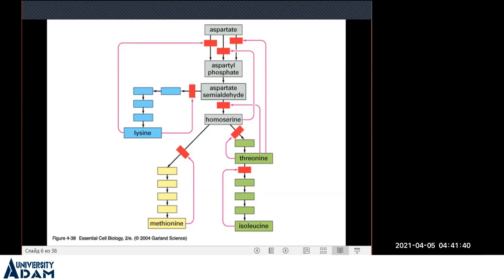This product, like lysine, will regulate the process with negative feedback, regulating the conversion of aspartate to aspartyl phosphate. You can see this situation on the screen.